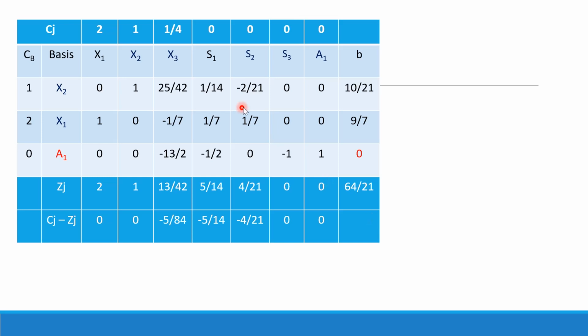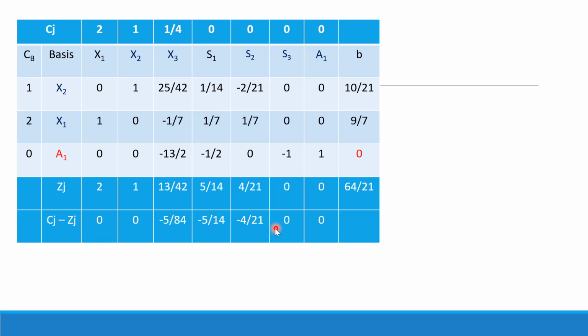So the next table appears like this, with the Cj values of the original function. Now we have replaced s2 with x1, since s2 was the outgoing variable and x1 is the incoming variable. Now we have computed Zj, Cj minus Zj.